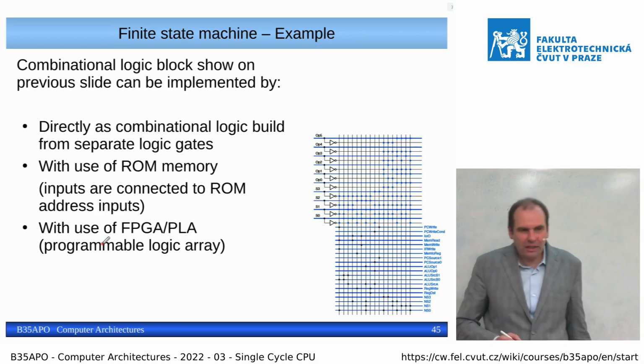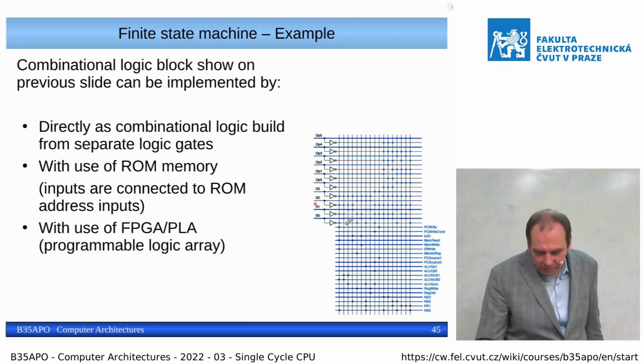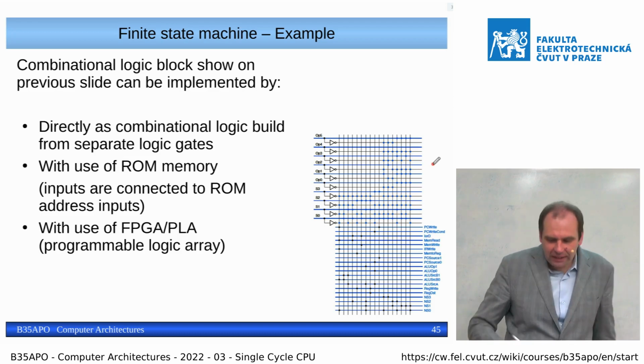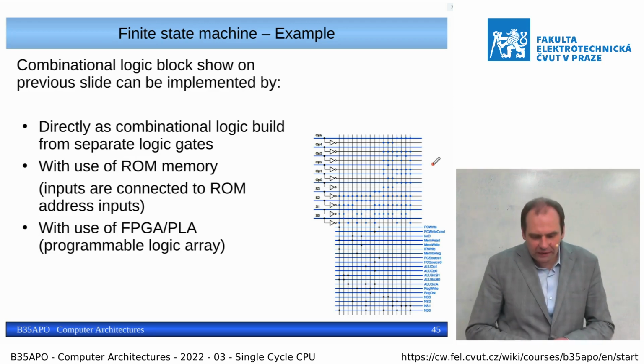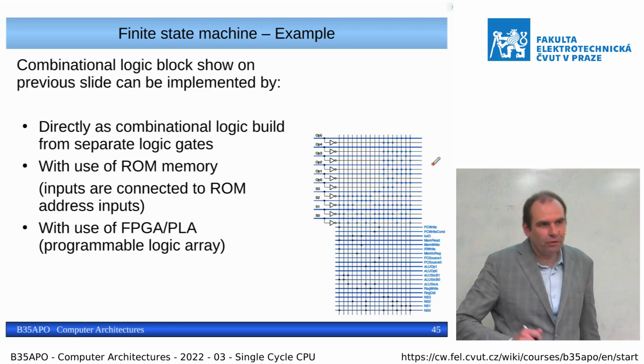The combinatorial part can be built, for example, this is a simple logic. Basically, you can express any logic operation from some combinations of the signals as a combination of min terms or max terms.